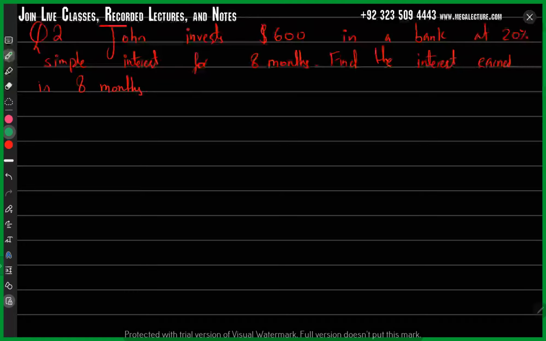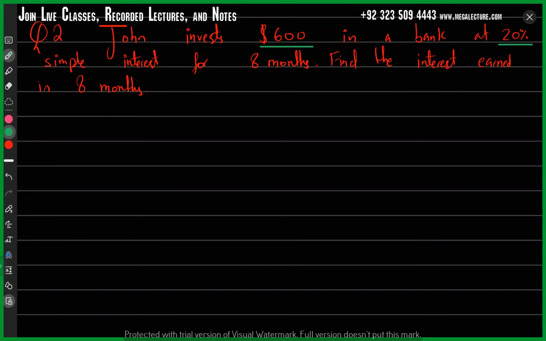Yes, that's right, Kabir. Okay. Now, John invests $600 in a bank at 20% simple interest. Always remember, for you guys, for the O-level students, it is known that the interest rate is annual. Okay, so this 20% is basically the interest after 1 year, after 12 months.